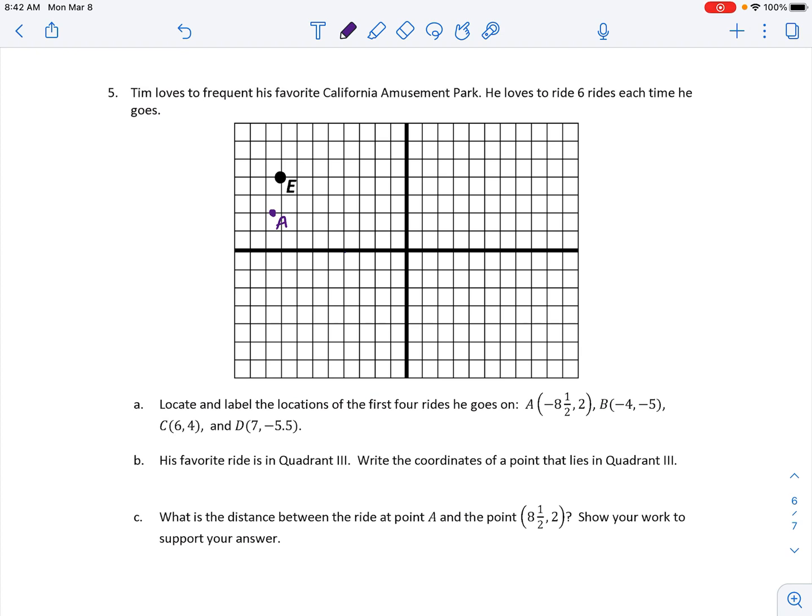Okay, and then B is negative 4 and negative 5. And that is B. Then C is 6 and 4. And D is 7 and negative 5.5.